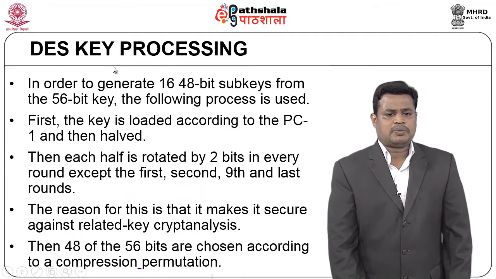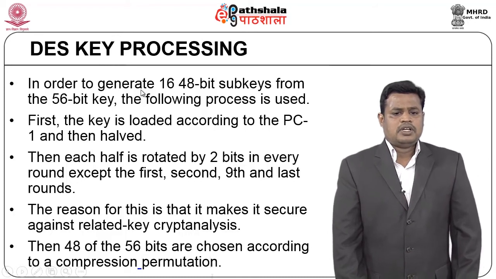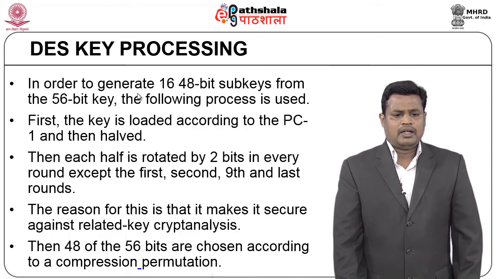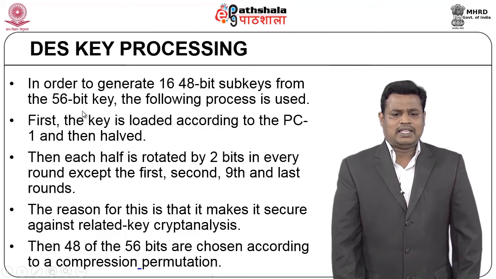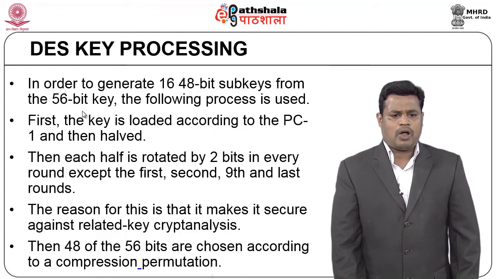The key generation process involves 16 48-bit sub keys from a 56 bit key. Actually, we know very well the input for the DES algorithm is a 64 bit key, and they will be removing the 8th bit. That means each and every 8th bit is dropped.